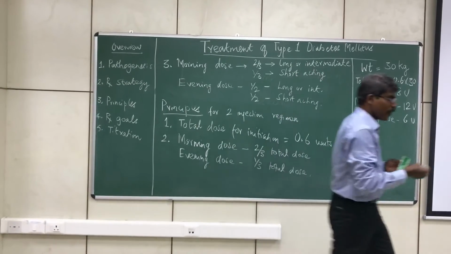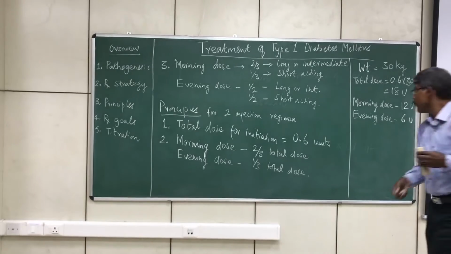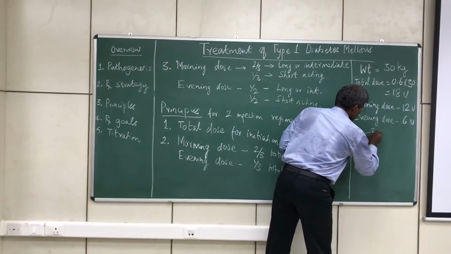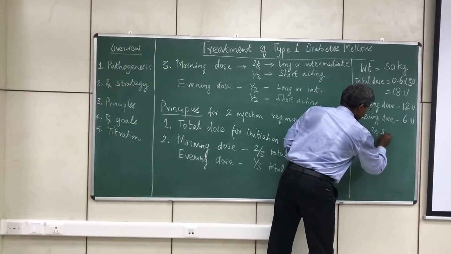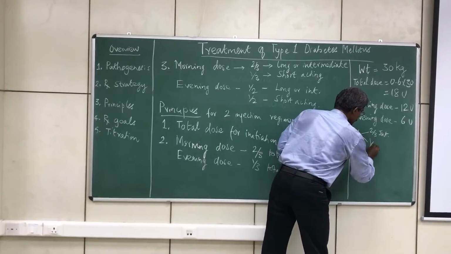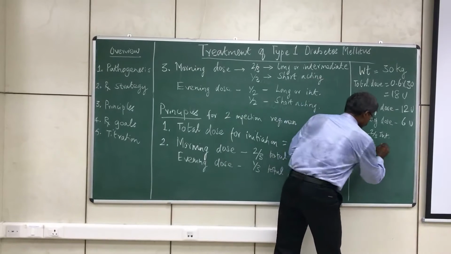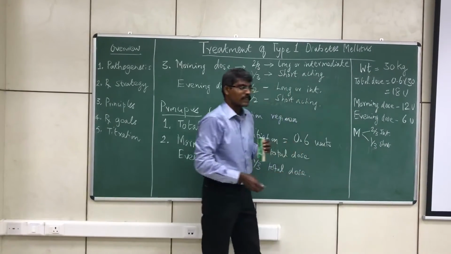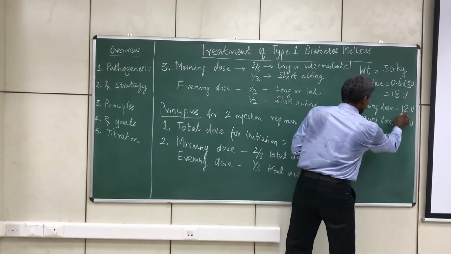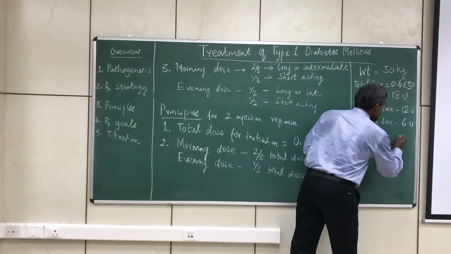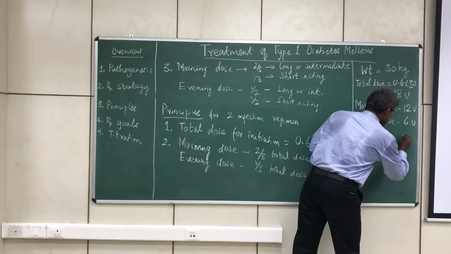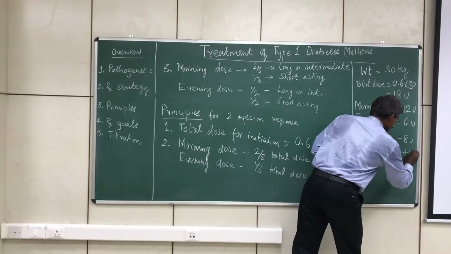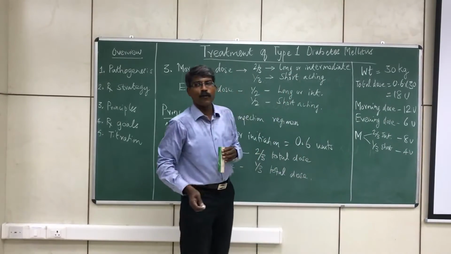Now again, if we divide this, the morning dose is divided into 2/3 intermediate acting or long acting and 1/3 short acting. Now 2/3 of 12 is 8 units and 1/3 short acting becomes 4 units, isn't it?